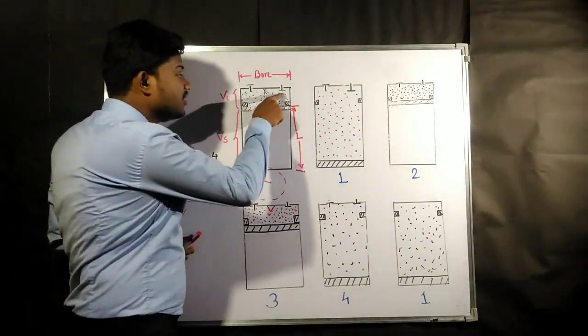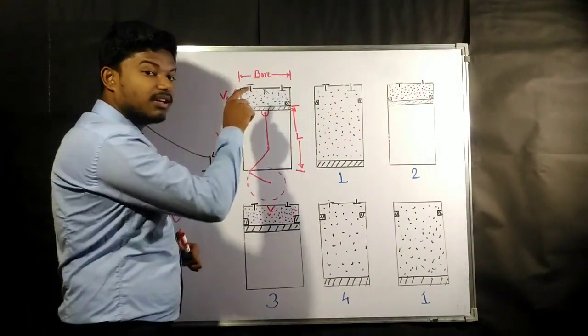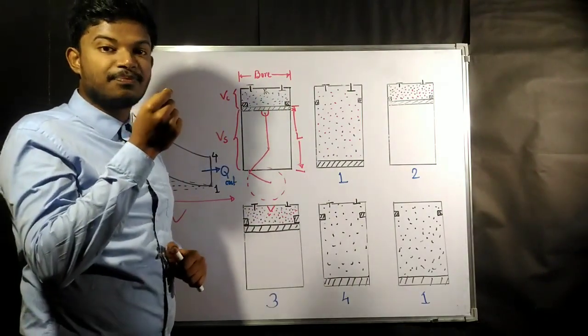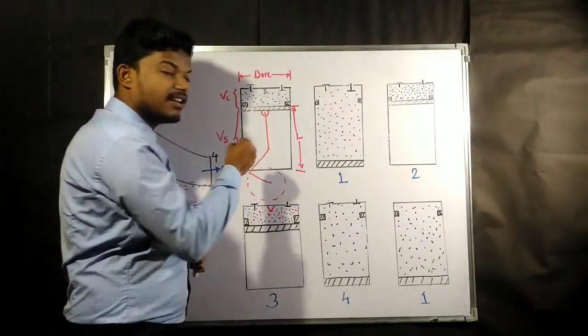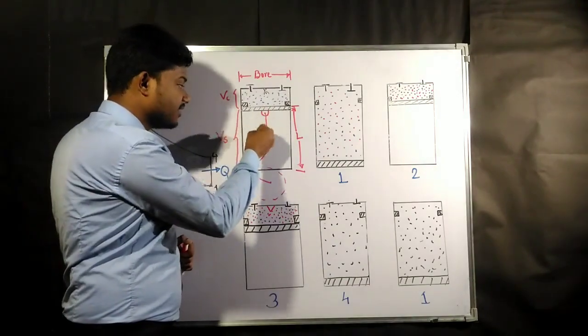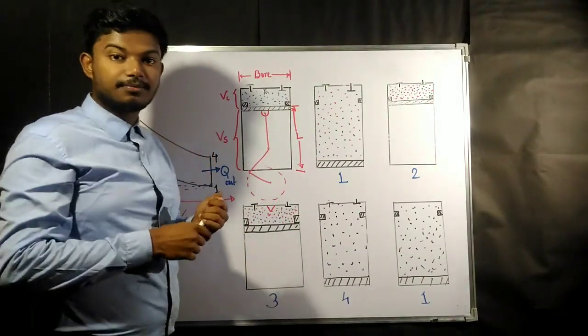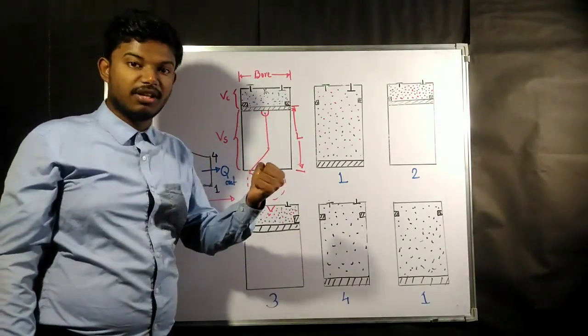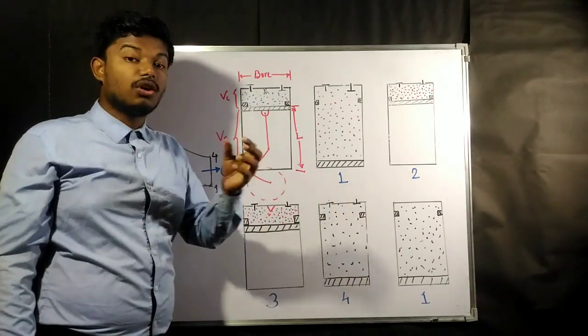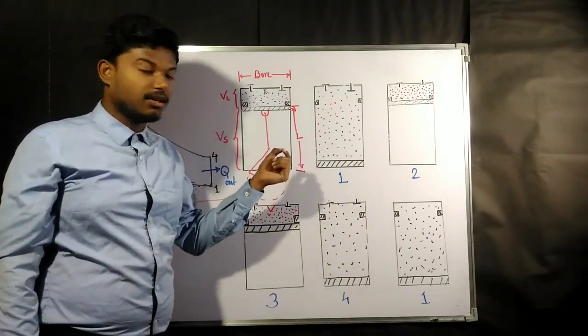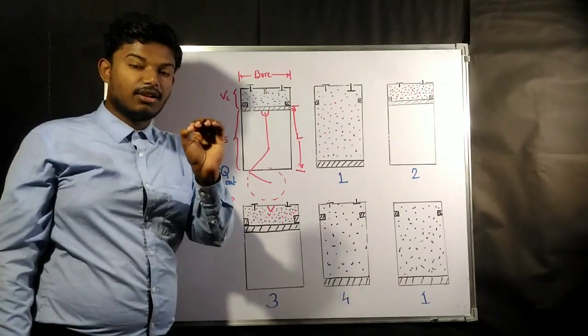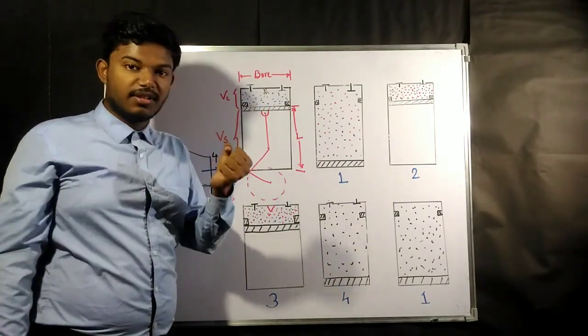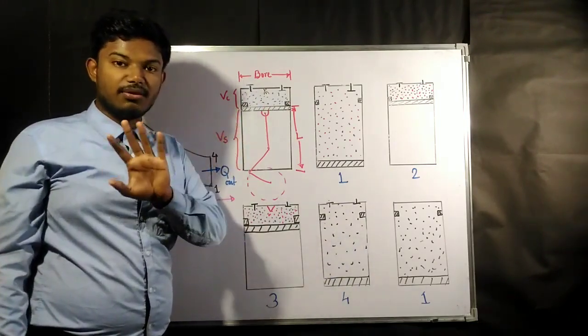Now, these valves are connected with springs. Whatever the pressure is inside the cylinder, if that pressure is so powerful, then there is some force, obviously, because force is equal to pressure into area.